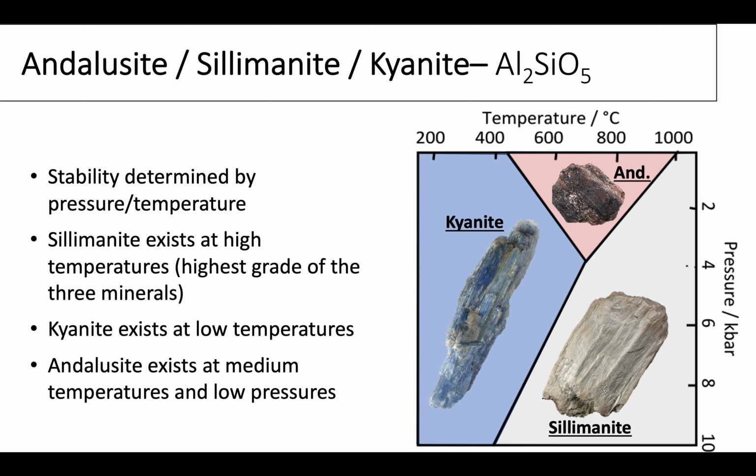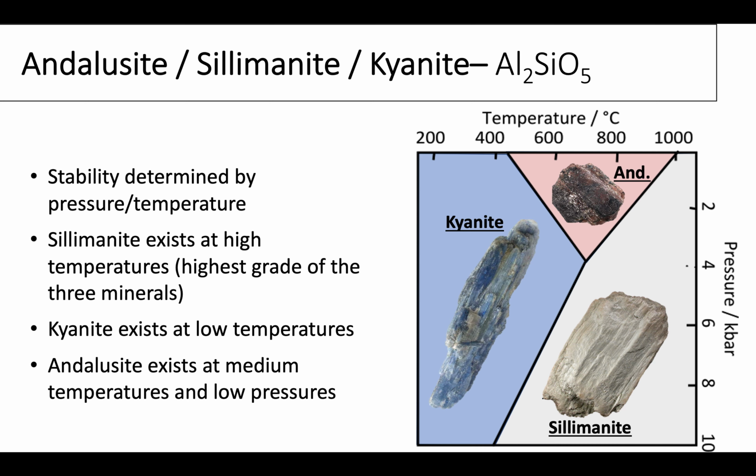So the stability of andalusite versus sillimanite versus kyanite: in other words, if you got a huge blob of Al2SiO5, which mineral is actually going to occur is going to be determined by pressure and temperature. So we've got a phase diagram on the right here.